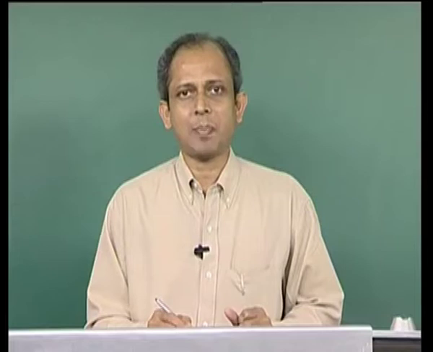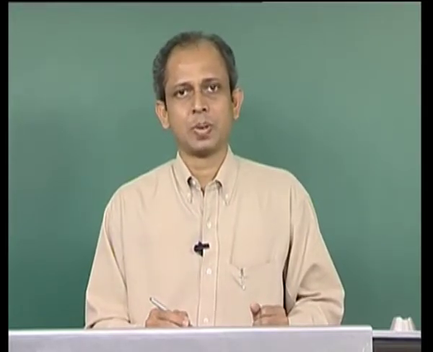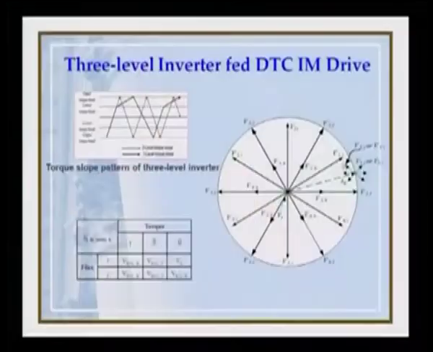So, basically here we apply V2h. So, when we are in sector 1 and we want to increase the flux and the torque simultaneously, and the torque increase is not that fast, we apply V2h, the 2 half vector. Half vector means, here this is the full vector, so we apply the half vector V2h.